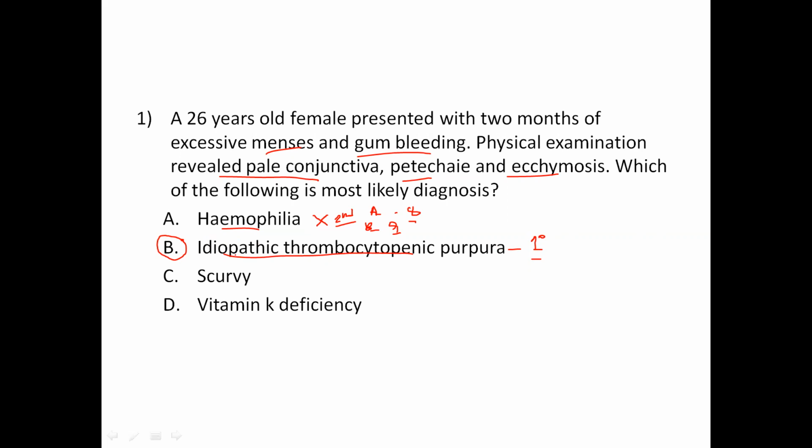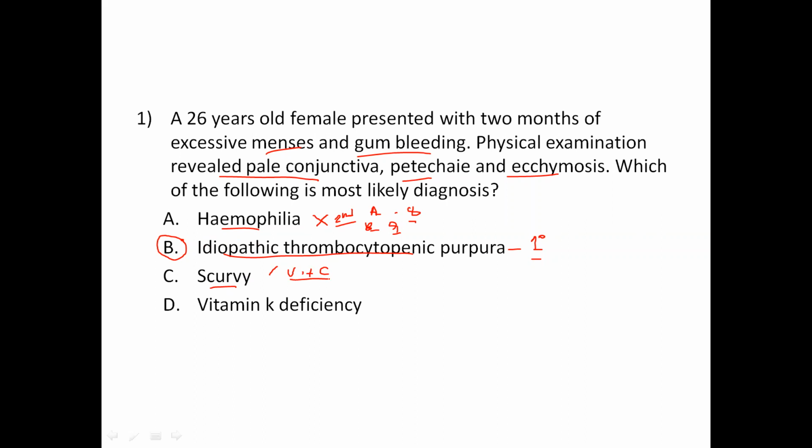The third is C, scurvy. The other name for scurvy is vitamin C deficiency. Vitamin C deficiency is caused by poor intake of fruits and vegetables, because vitamin C is available in fruits and vegetables, especially citrus like lemon.